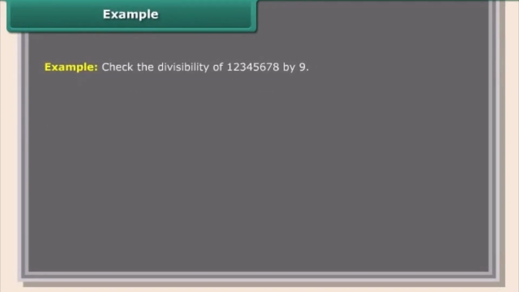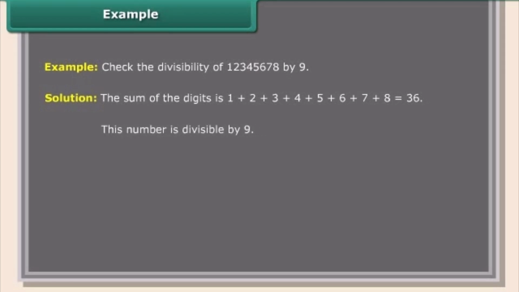Example. Check the divisibility of 12345678 by 9. Solution. The sum of the digits is 1 plus 2 plus 3 plus 4 plus 5 plus 6 plus 7 plus 8, which is 36. This number is divisible by 9.